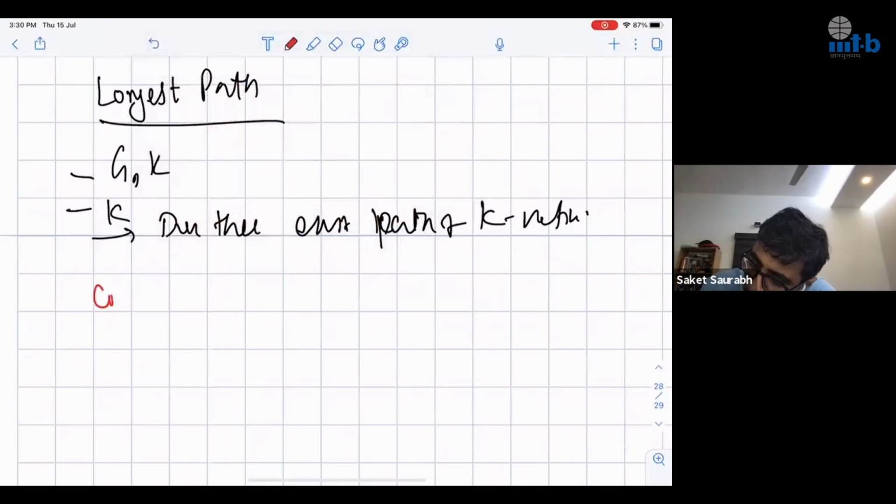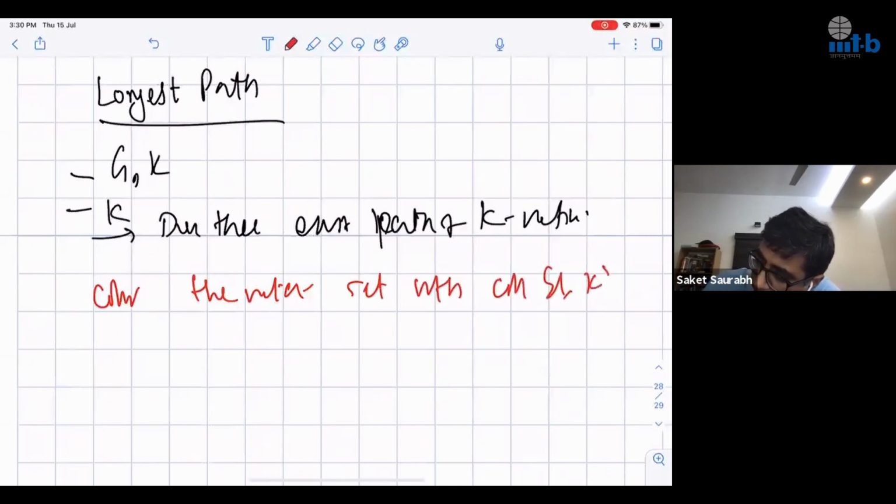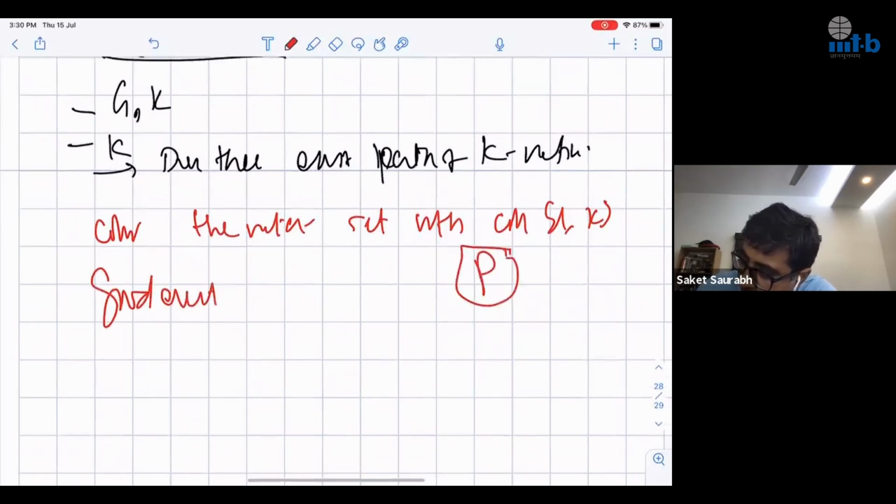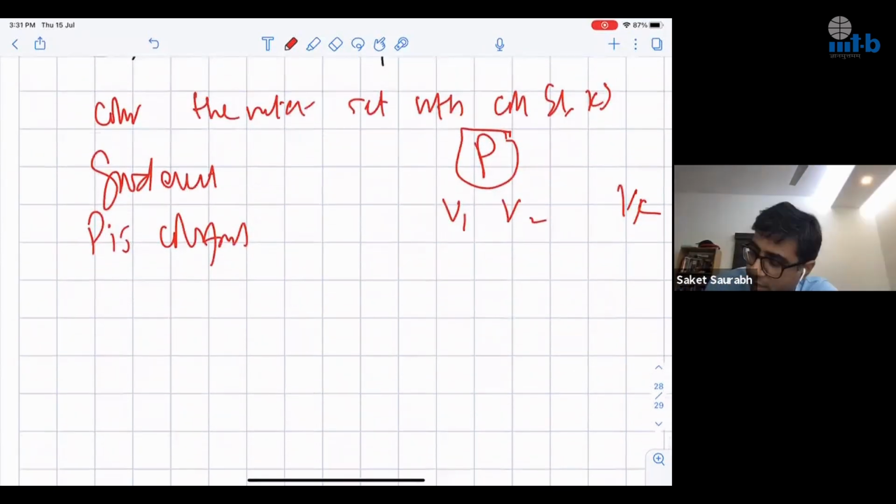I will color the vertex set with colors 1 to k. Look at, fix some path P on k vertices, say v1, v2, ..., vk. Good event: P is colored fully. What is the probability? If you do the same thing, you can say this is with probability 1 over e power k that it is colored fully.